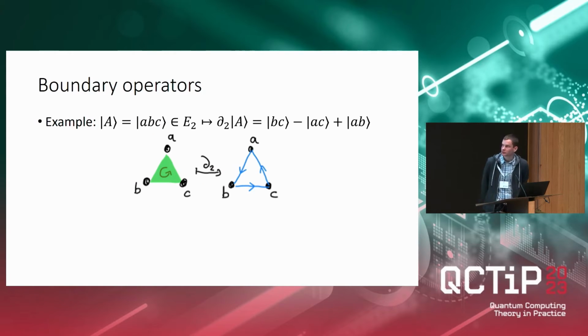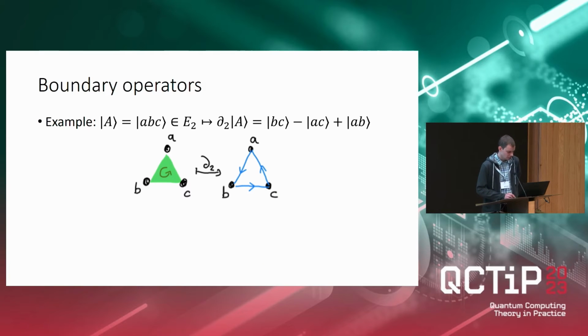An important object or operator that we have to look at when we look at the simplicial complexes is called the boundary operator. As we can see in the example, it does exactly what we would suggest from the name. It assigns to a complex its boundary. So for example, here we had a triangle, and then we will have the edges that are the boundary of the triangle.